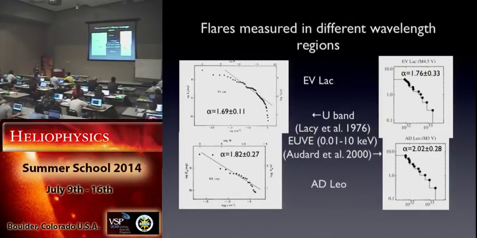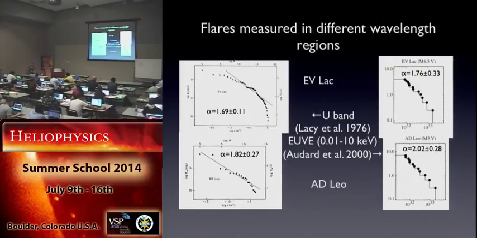I'm skeptical of whether the flares that you can observe can be extrapolated back to the flares you can't observe that could be powering the star's underlying X-ray luminosity. One of the arguments is that you need to have the index of your flare frequency distribution be greater than 2.